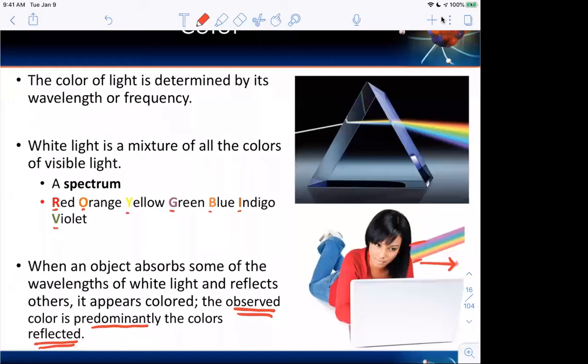So that light enters your eyes, and your brain then registers the color red. And that's why you see that red shirt. The shirt is being hit with all of the colors of the rainbow, but it's also absorbing most of them except for the red wavelength.